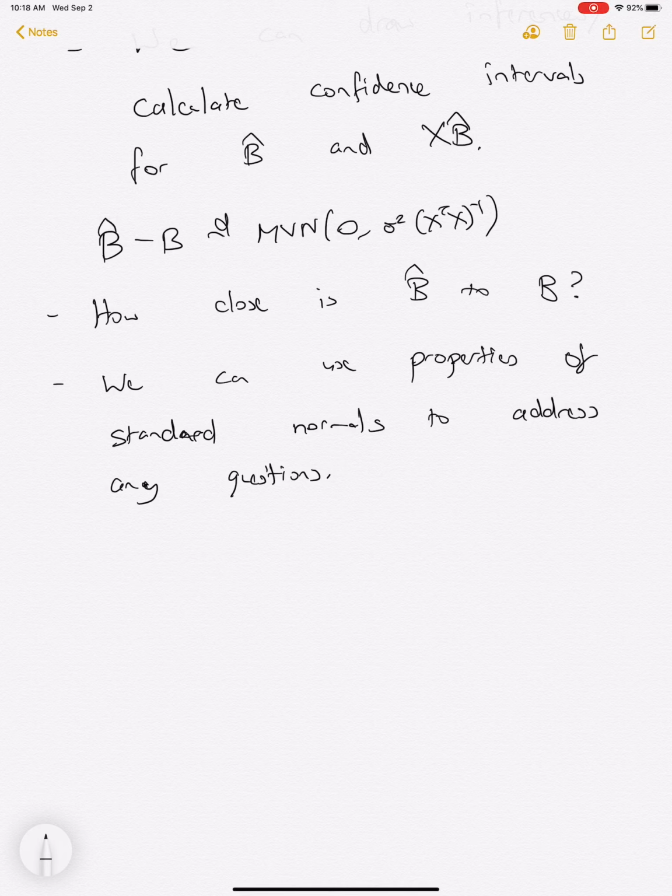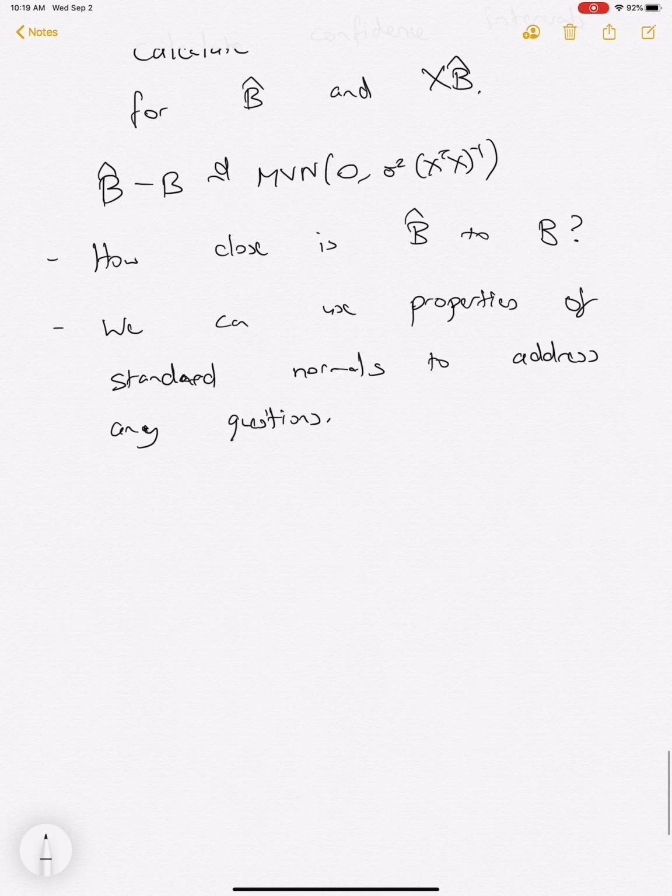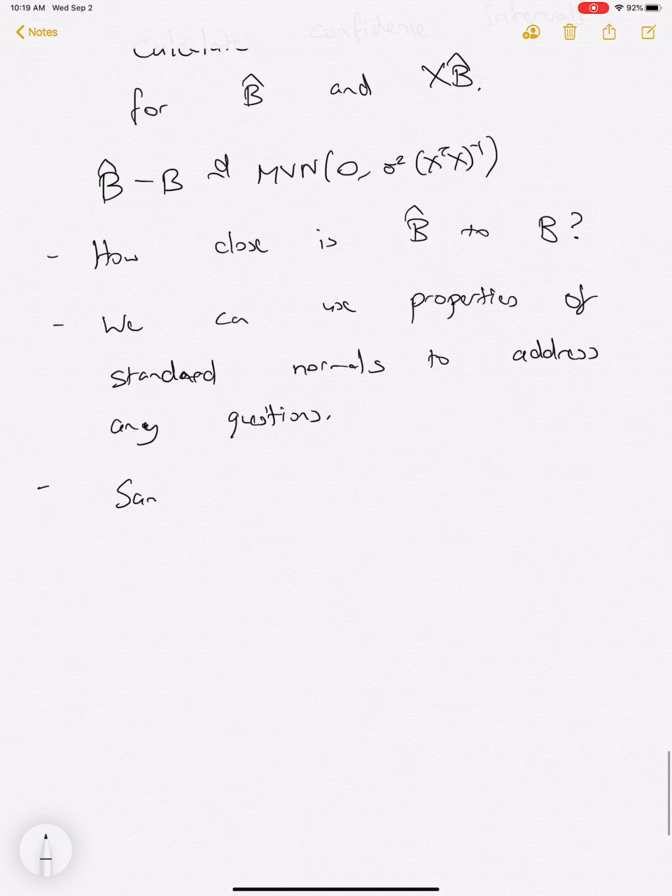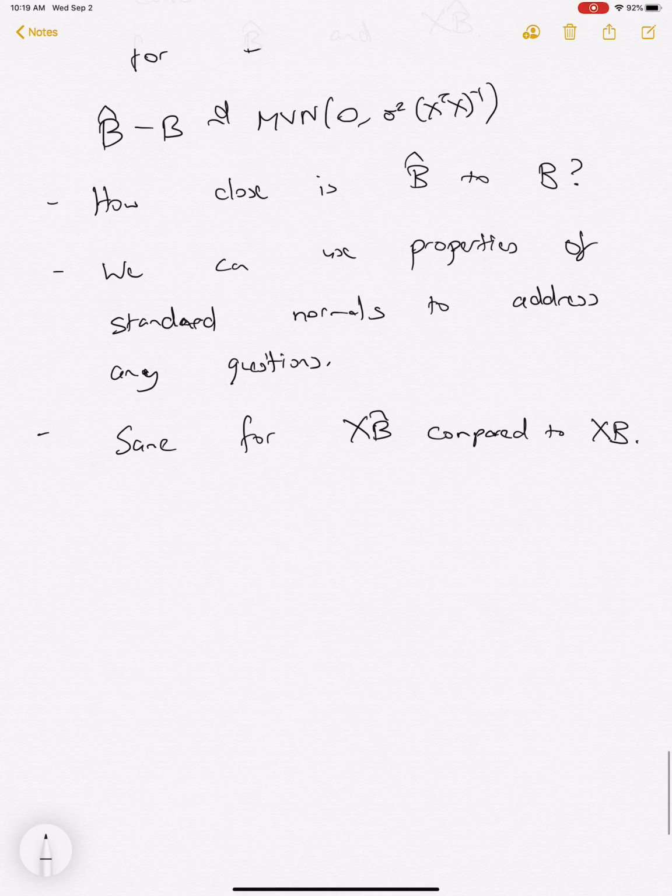You can say anything about what is the marginal distribution, what's the distribution of a linear combination of these parameters. If you want to find confidence intervals, you can do that very easily because we have this distribution. So we can do the same for X b hat compared to X b because we know the distribution.